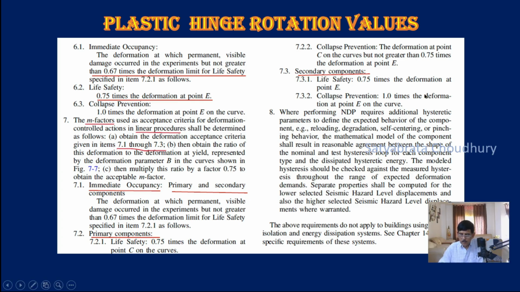Collapse prevention is 1.0 times, the actual value at the end of the segment B. So in this convoluted way the document is written, confusing the readers, when it could have been easily given directly in the table.